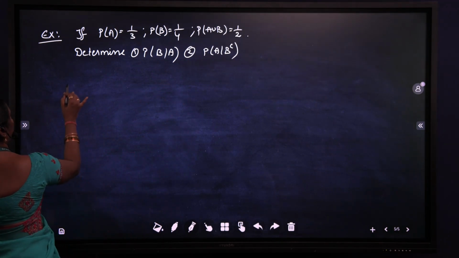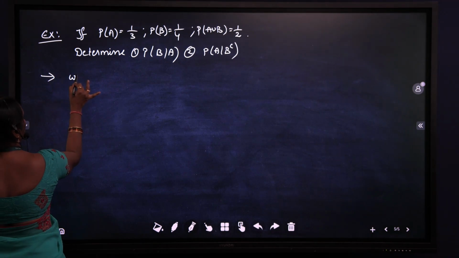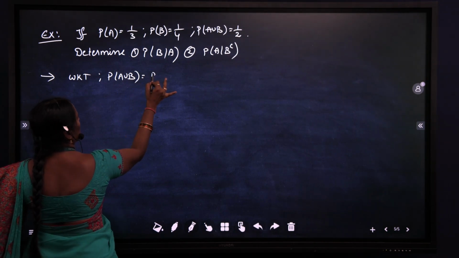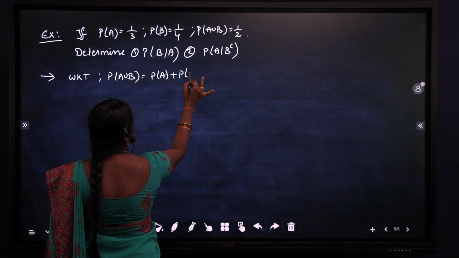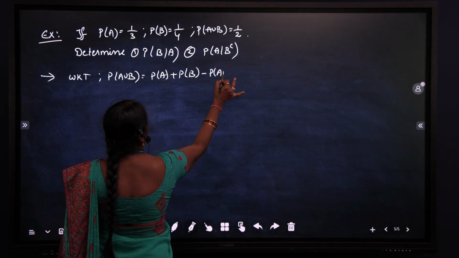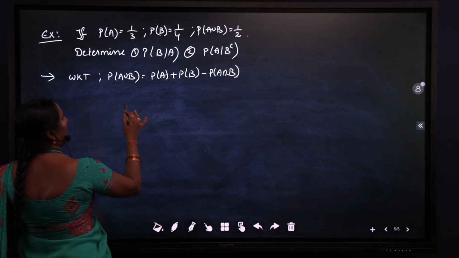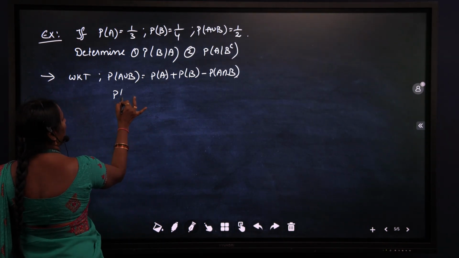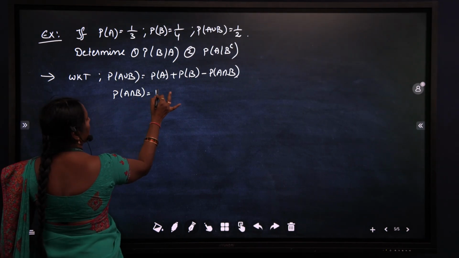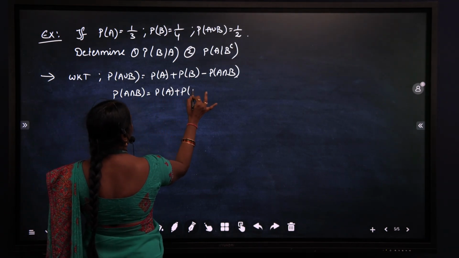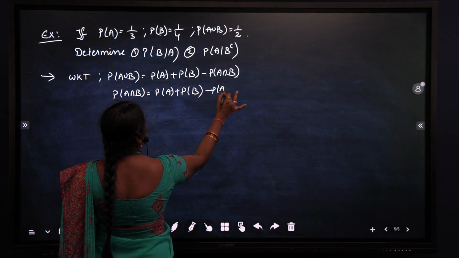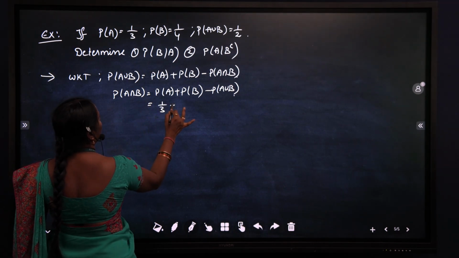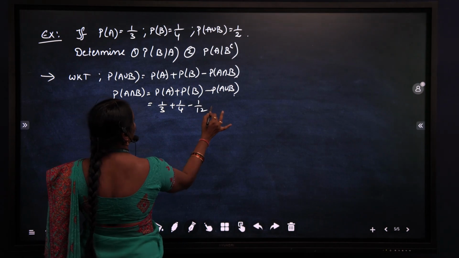Now, the first thing we know is that P of A union B, by the addition law, is P of A plus P of B minus P of A intersection B. Here we already know the value of A union B, and we are going to find the value of A intersection B. So P of A intersection B is equal to P of A plus P of B minus P of A union B. Substituting, 1 by 3 plus 1 by 4 minus 1 by 2.